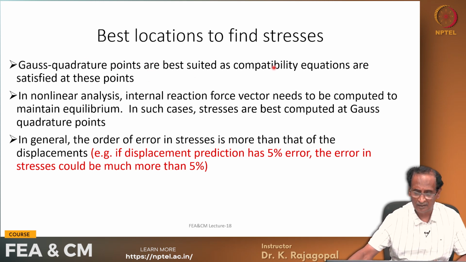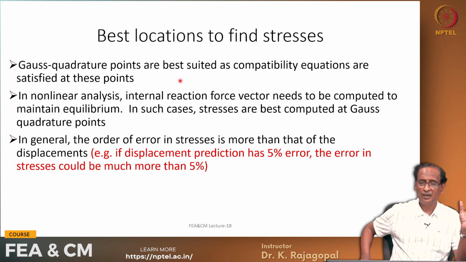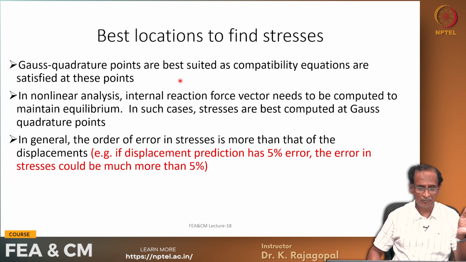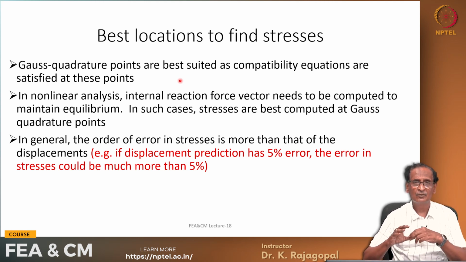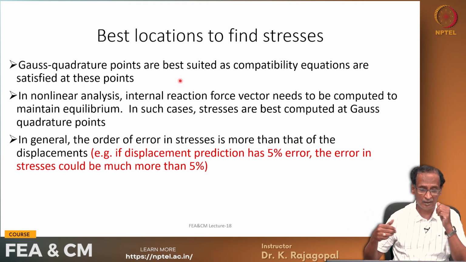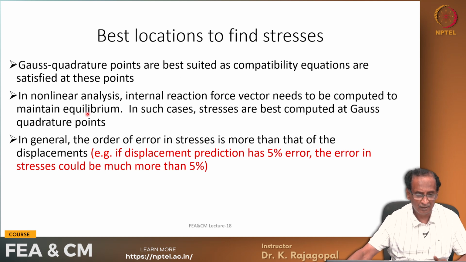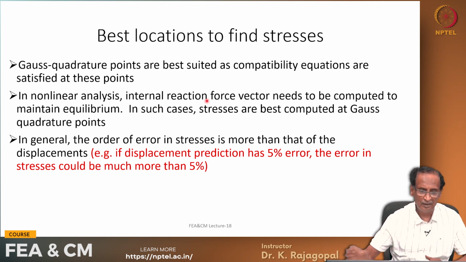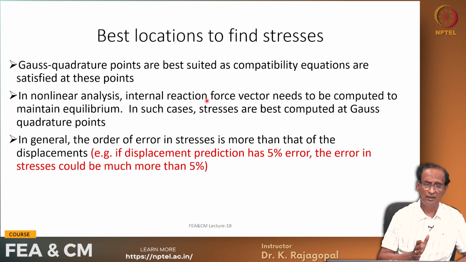So the compatibility conditions are enforced at only the sampling points, the Gauss quadrature points, and so the strains are evaluated at these Gauss quadrature points, and then the stresses are also best evaluated at Gauss quadrature points or the Gauss sampling points. When we determine the stresses at the nodal points, they may or may not be correct. Okay. And in the nonlinear analysis, we always calculate the stresses only at the integration point, so that we can apply B transpose sigma and equate the internal force to the external force.